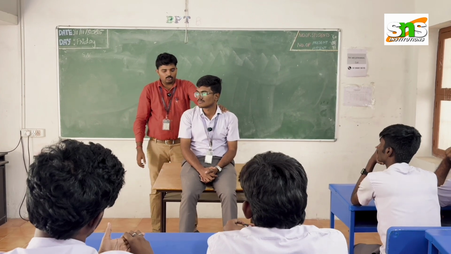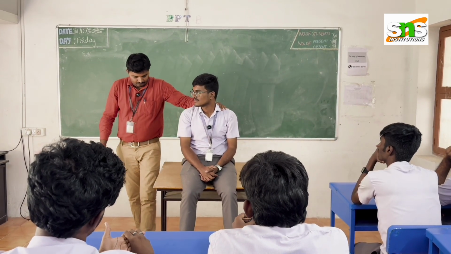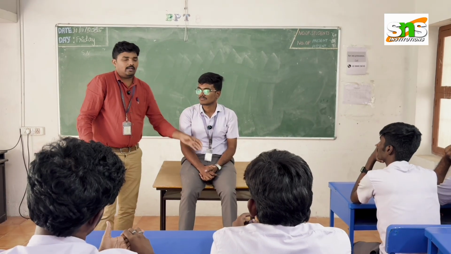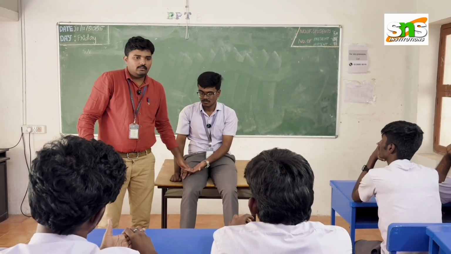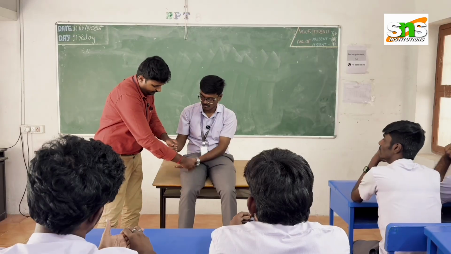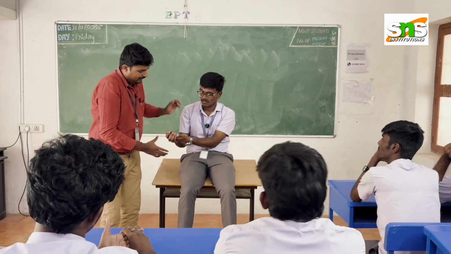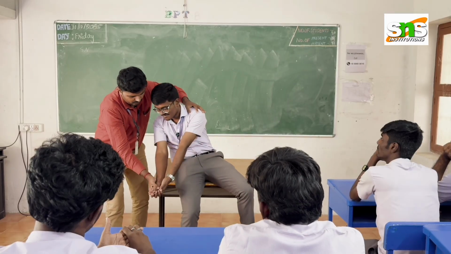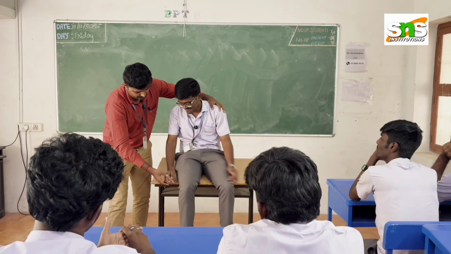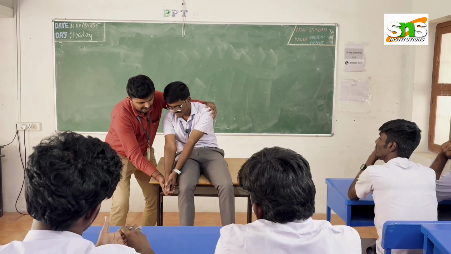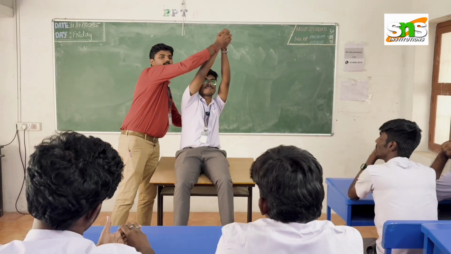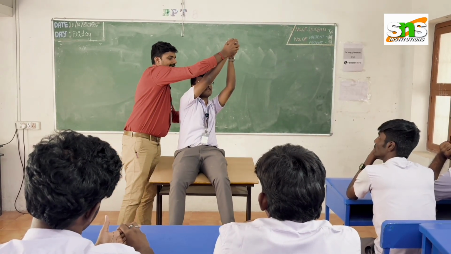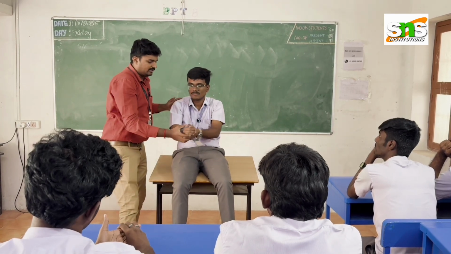Then you go for the PNF chopping pattern. Keep the hand on this hand, then trunk forward flexion, the D1 pattern, with the same repetition, then the opposite side, D2.